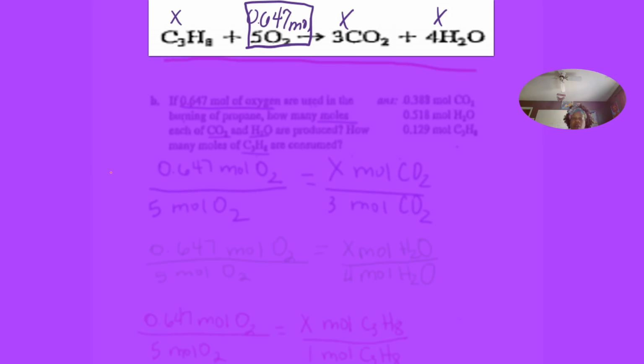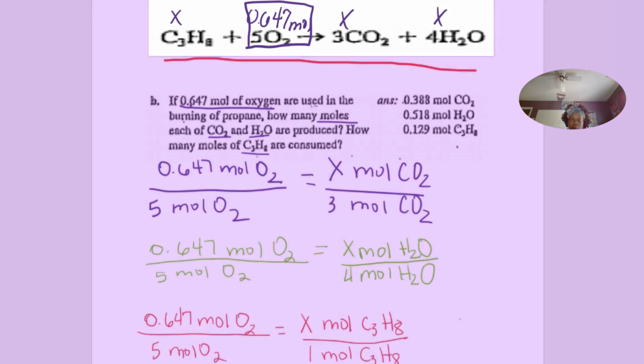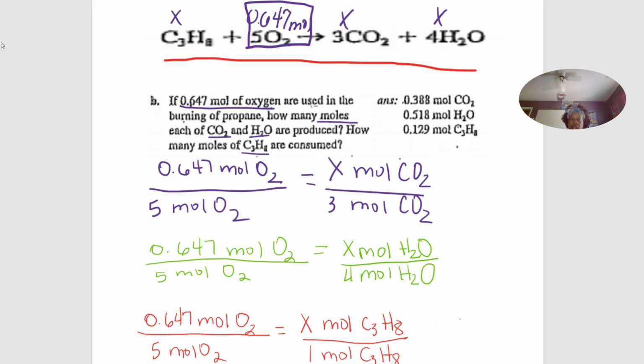So all I'm going to do, guys, is what I've said before, and that's cross multiply. I'm going to take this number here, multiply it times this number, and then divide by 5. I'm going to do that for the next part: take this number here, multiply times 4, and divide by 5.